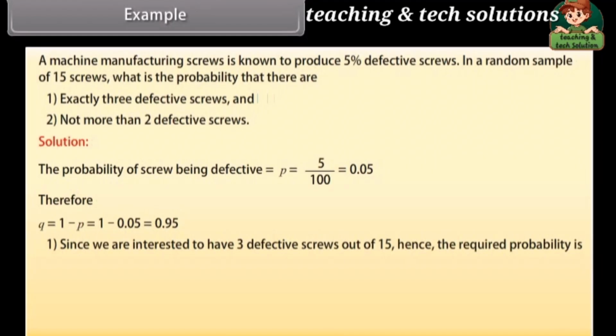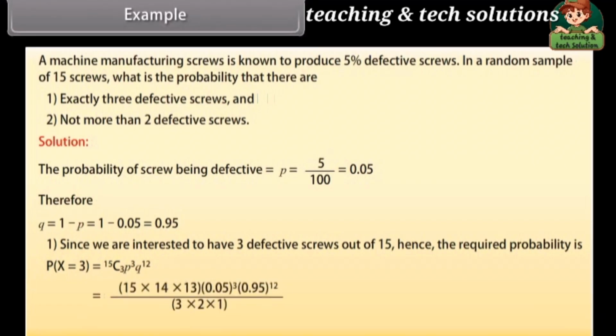Since we are interested to have 3 defective screws out of 15, the required probability is 15C3 into p raised to the power 3 into q raised to the power 12 is equal to 15 into 14 into 13 into 0.05 raised to the power 3 into 0.95 raised to the power 12 by 3 into 2 into 1 is equal to 0.03.